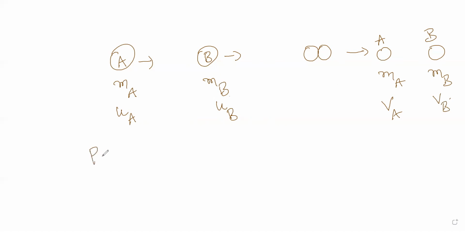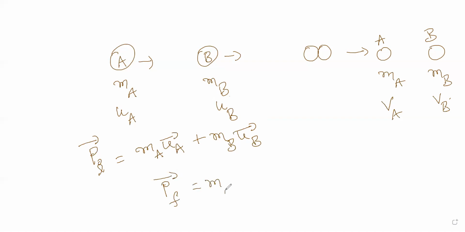So if I have to write the total initial momentum, we can write it as ma ua bar plus mb ub bar. So this is the initial momentum. And then the final momentum, you can write as ma va bar plus mb vb bar. Depending upon the magnitude and the directions, you can put negative signs or positive signs.